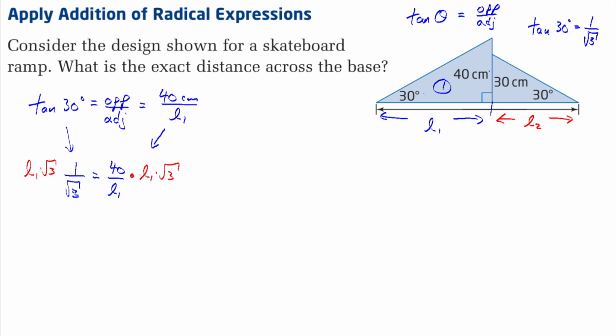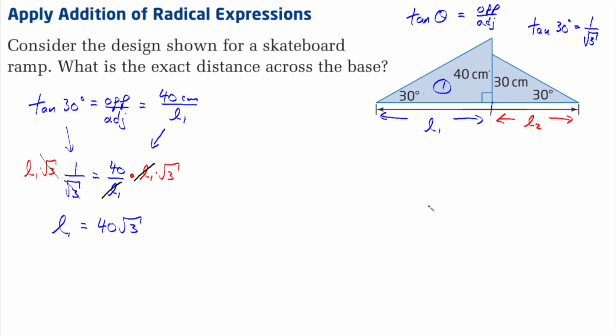When I do that, root 3 divided by itself would be 1 on the left, and on the right-hand side, L1 divided by L1 would be 1. So those go away, and I am left with L1 times 1 is L1, and that is 40 root 3. So there's L1 expressed exactly.